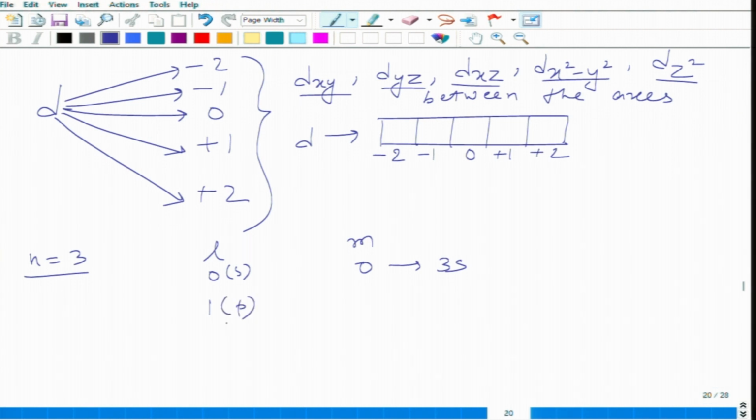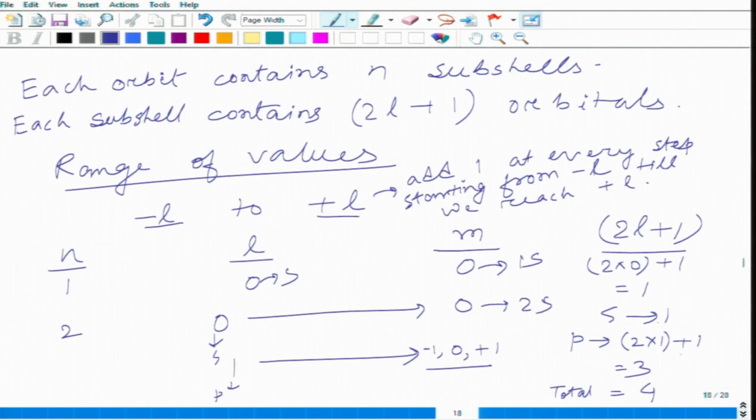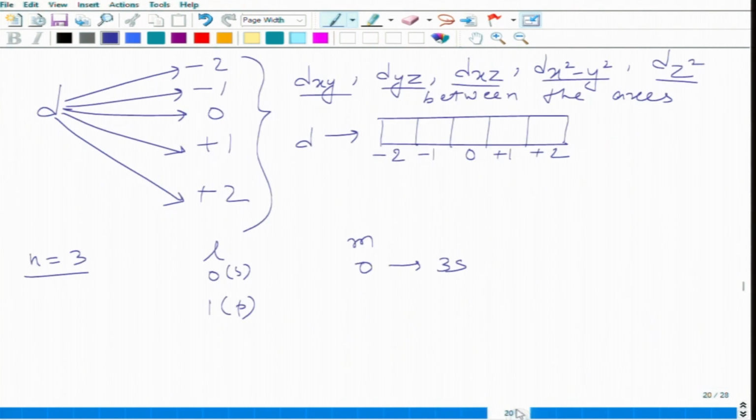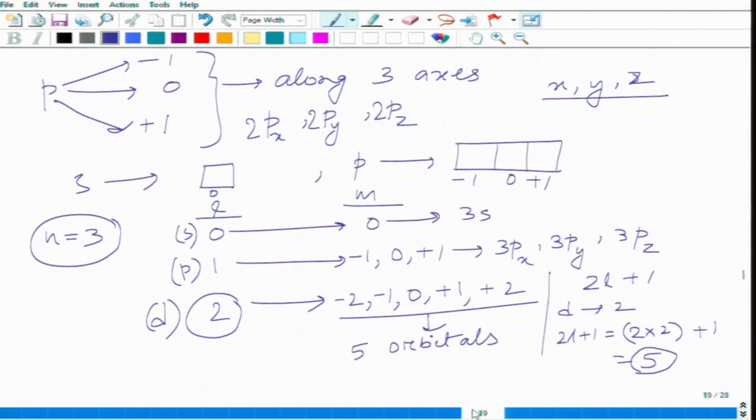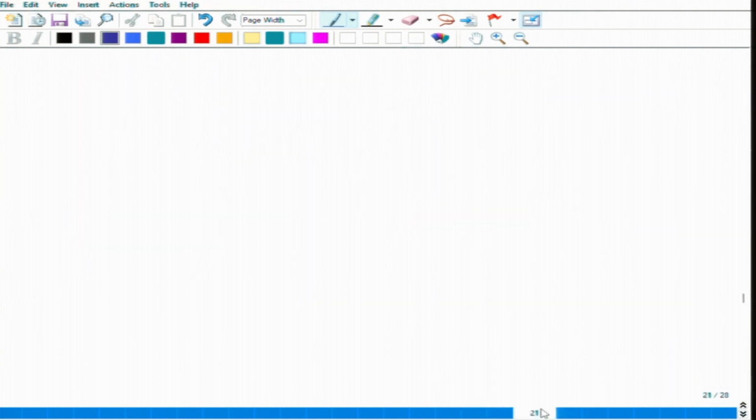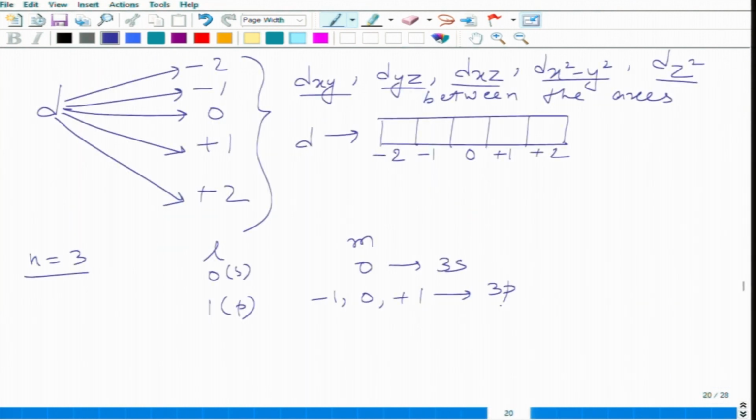This is the p orbital. The p subshell will have 3 orbitals. So, here also we have -1, 0, +1. So, we get 3p. 3p will again have these 3 components.